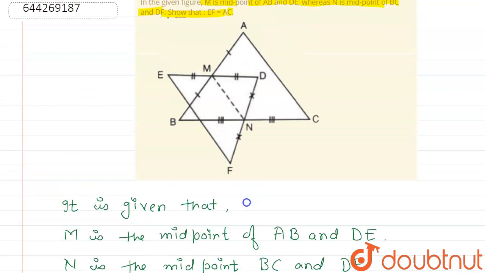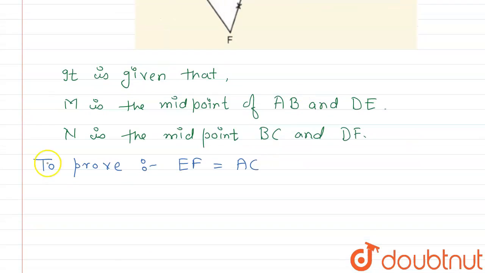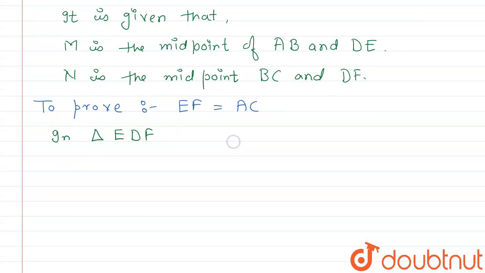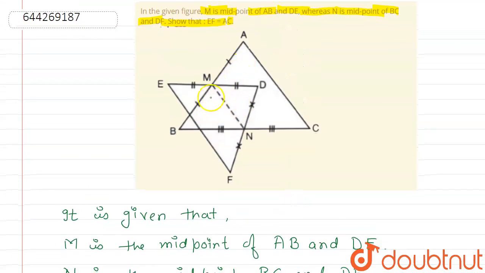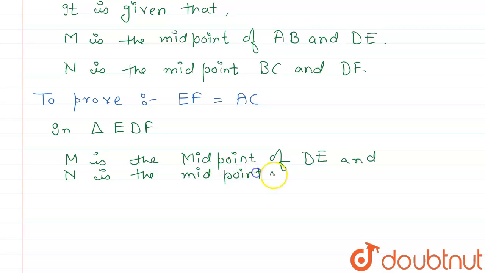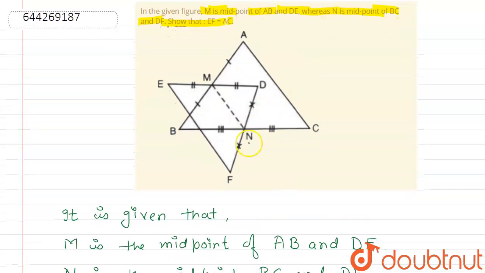So here in triangle EDF, M is the midpoint of DE and N is the midpoint of DF.